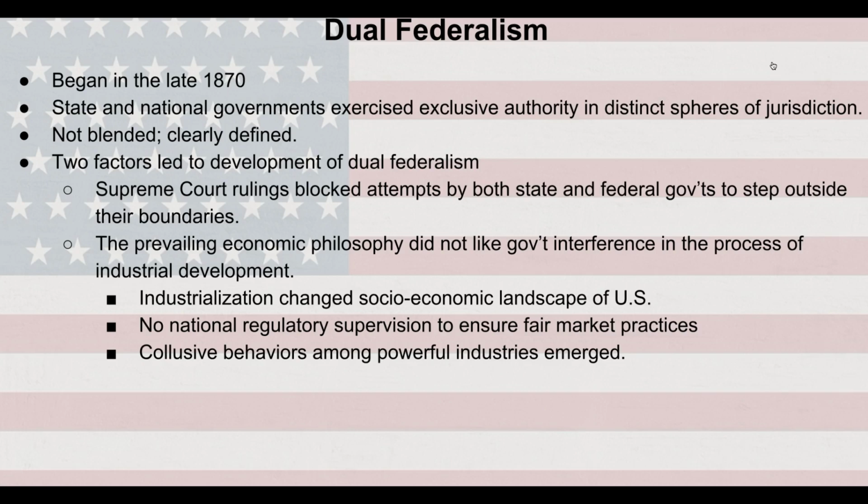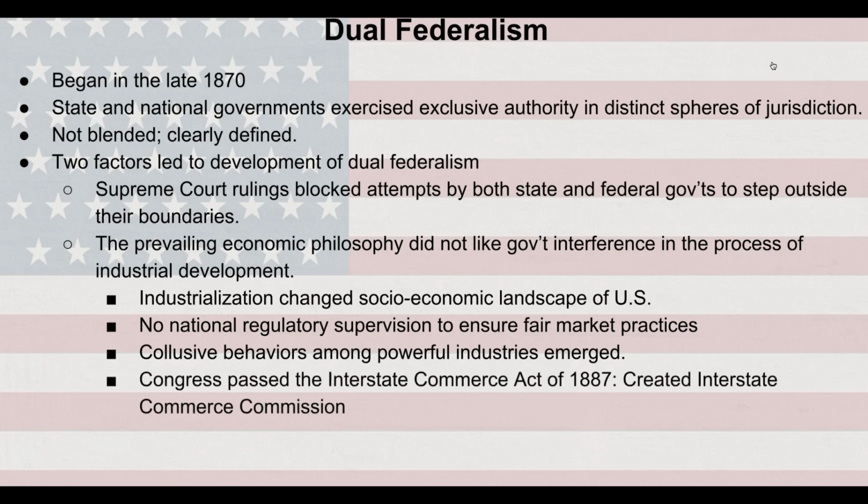And if you are in collusion with someone, you're working together to have a more nefarious outcome. You're working together for the benefit of yourselves and not necessarily everybody in the market.